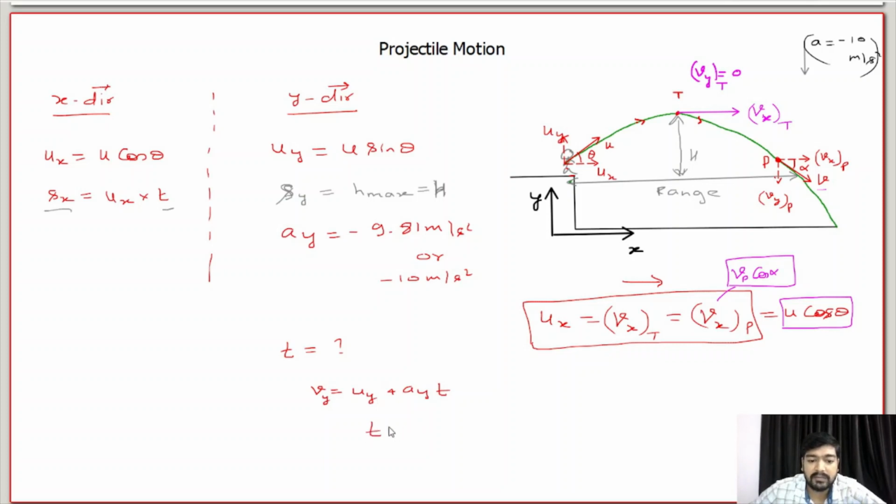This time is half. So v is 0, u sin theta minus g t, because g is acting downward. So t is u sin theta by g.